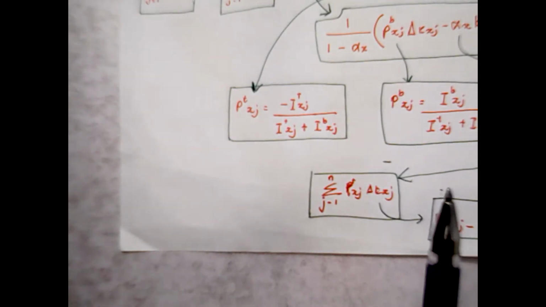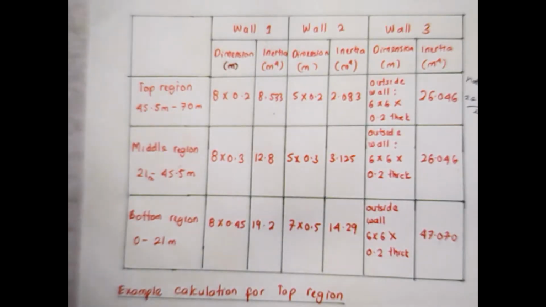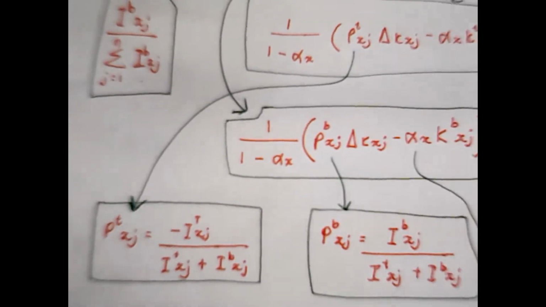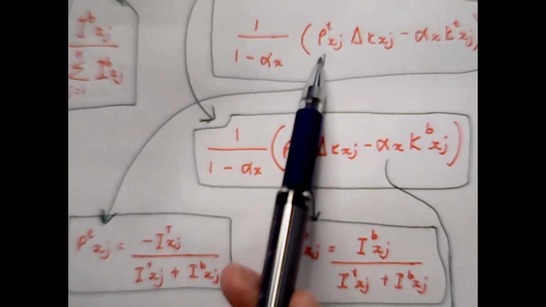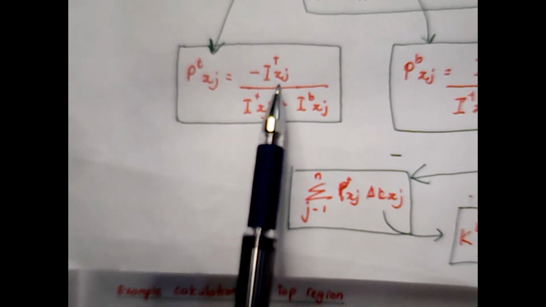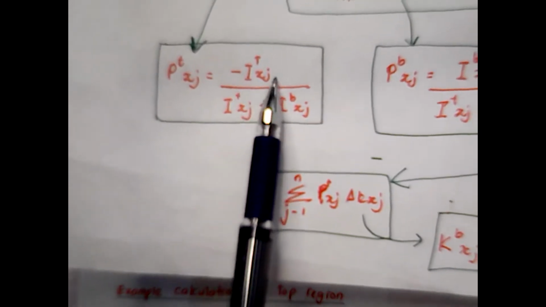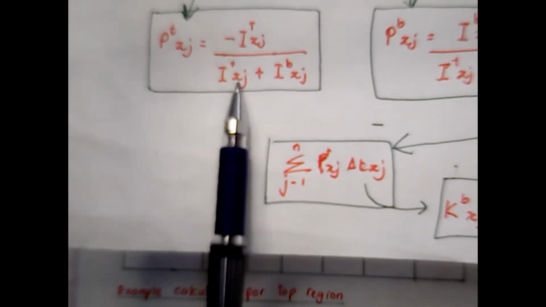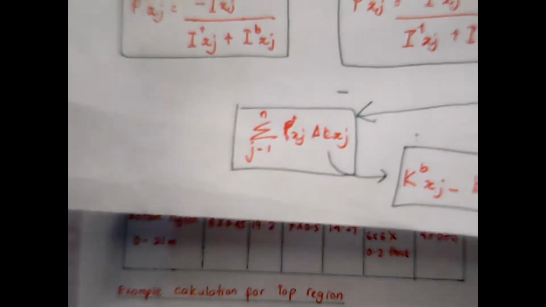So what does it mean is, okay, as I mentioned earlier, for you to determine the value of this factor, this factor ptxj is equivalent to the initial second moment of area of the top for the wall j divided by the summations of top and bottoms. So what does it mean?